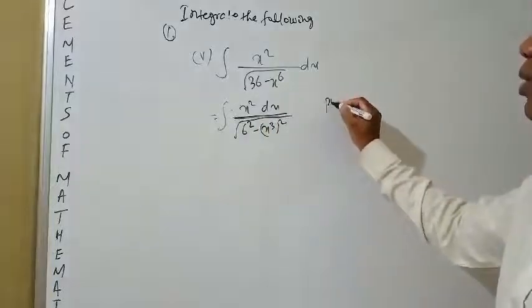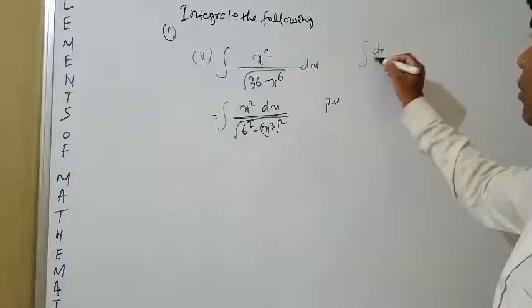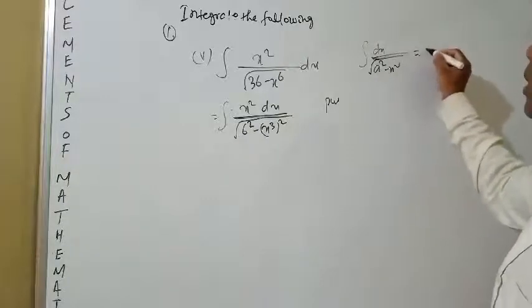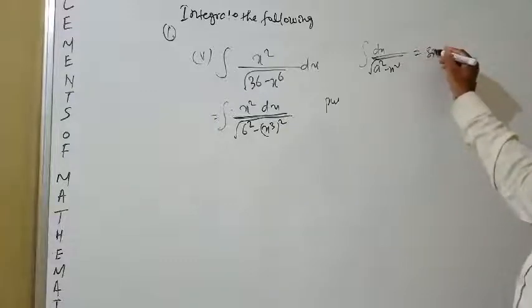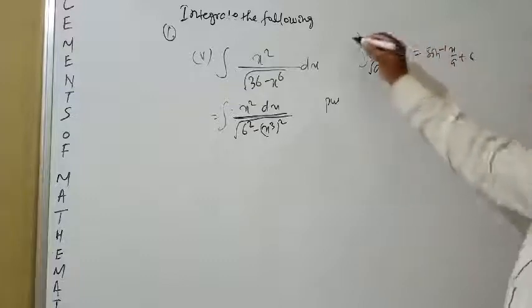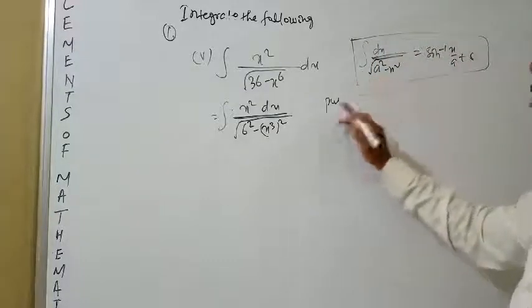The same formula is used here: integration of dx by root over a square minus x square is equal to sin inverse x by a plus c.